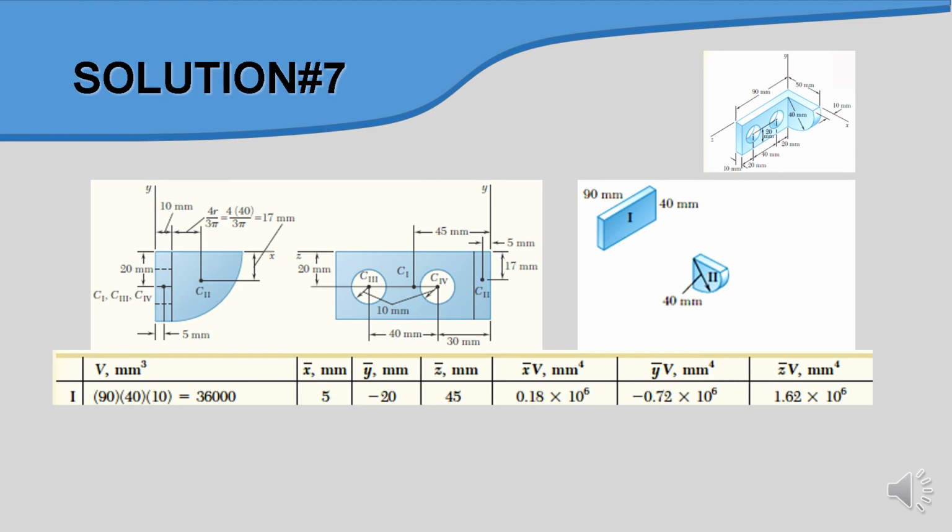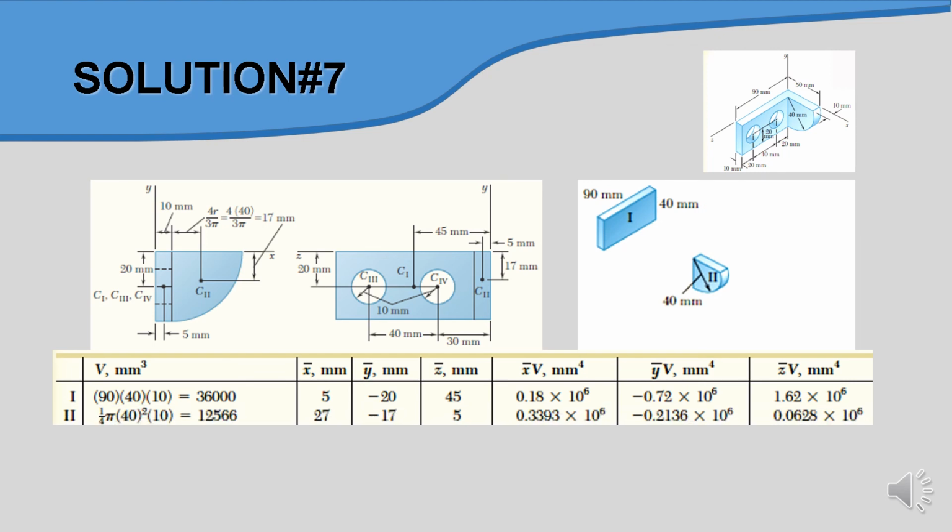And followed by the 2, you need to use a formula to get the volume. And also x bar and y bar can be obtained by using its formula. Okay, please refer to the formula. And for the negative y bar, the shape is basically below the y bar on the negative side.